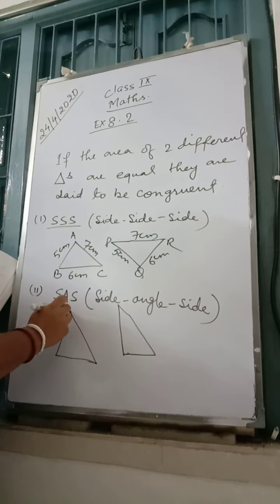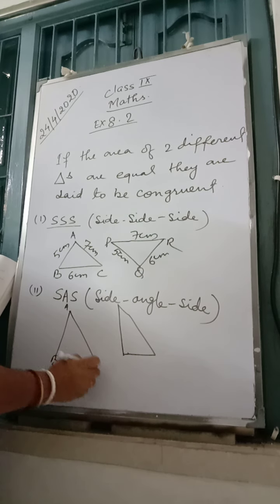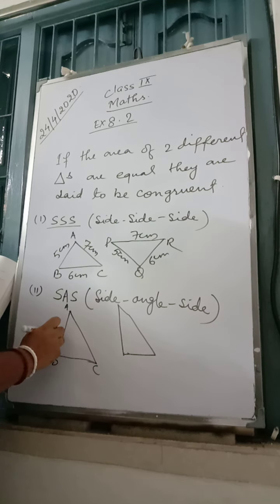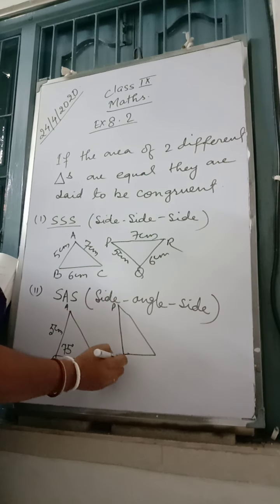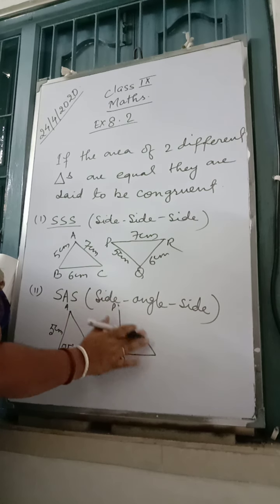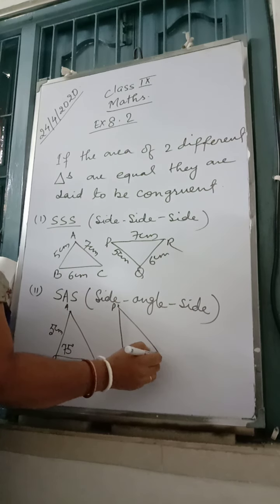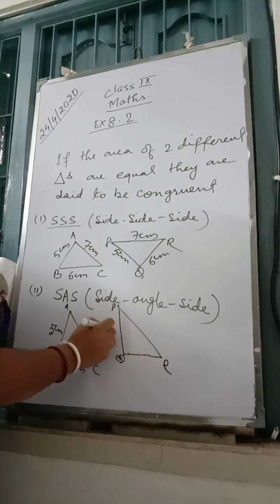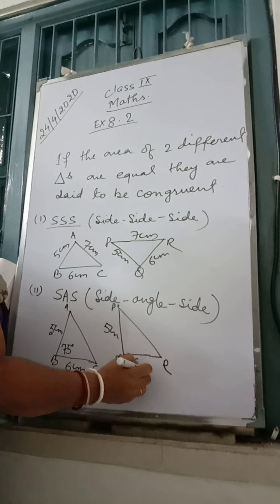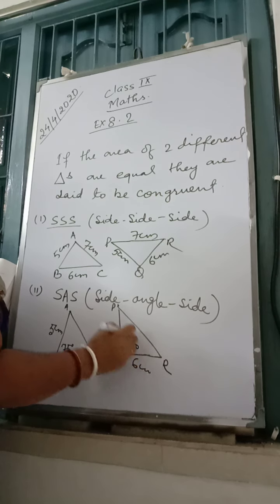Just see A, B, C. This is 5 centimeter, this is 6 centimeter, and the included angle is 75 degree, and the other triangle is PQR: 5 centimeter, 6 centimeter, and the included angle is 75 degree.